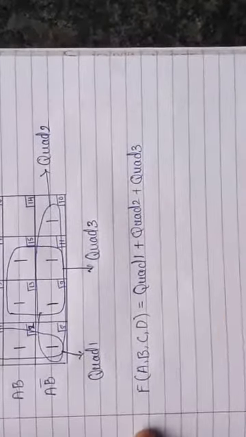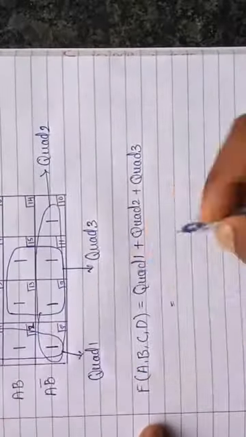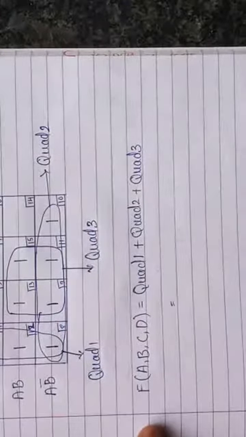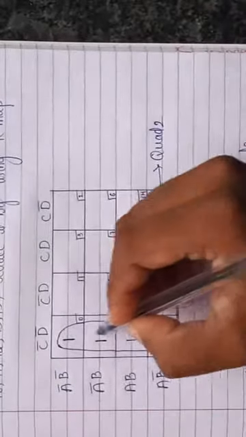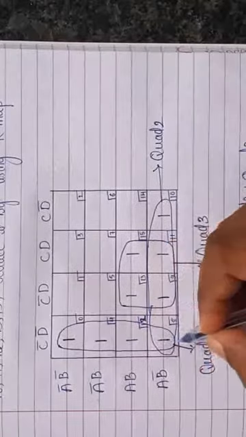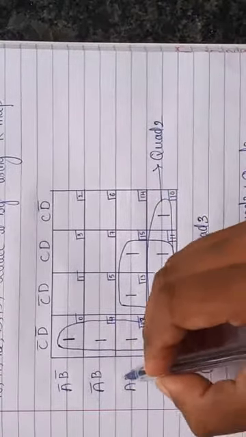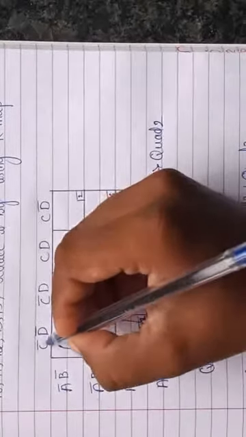Next, how to solve these quads? First, quad 1, so first we have to solve this quad. The terms related to quad 1 are A B bar... A bar B bar... and C bar D bar.